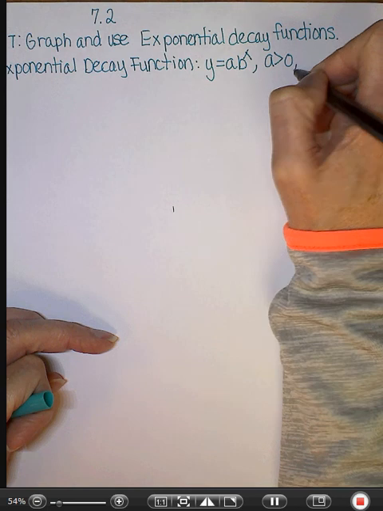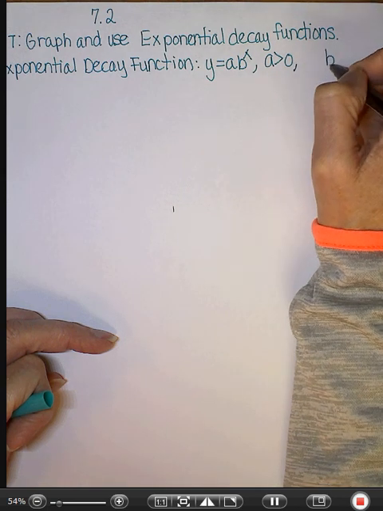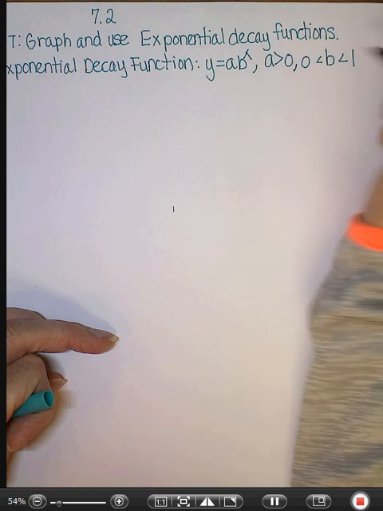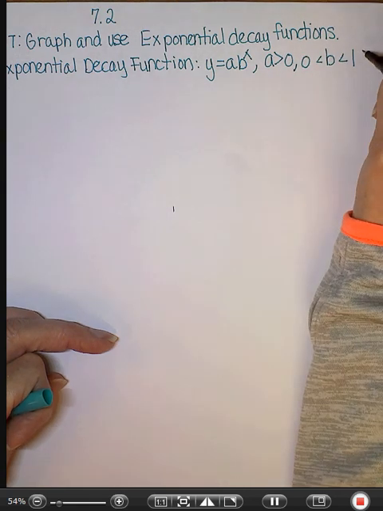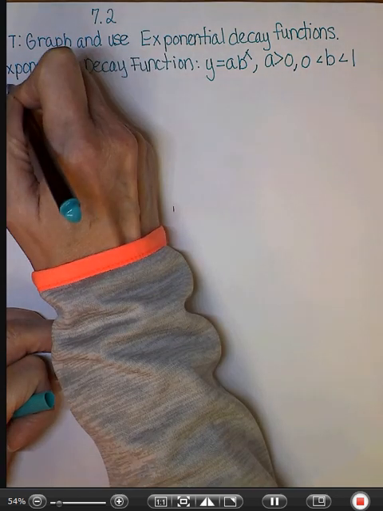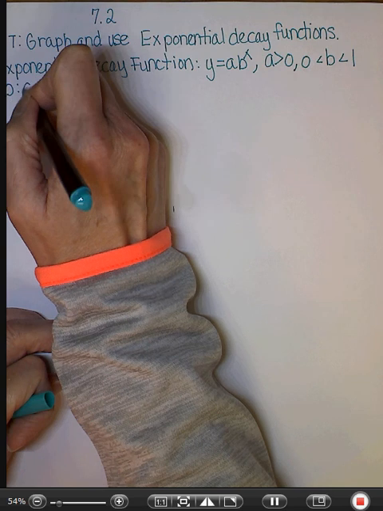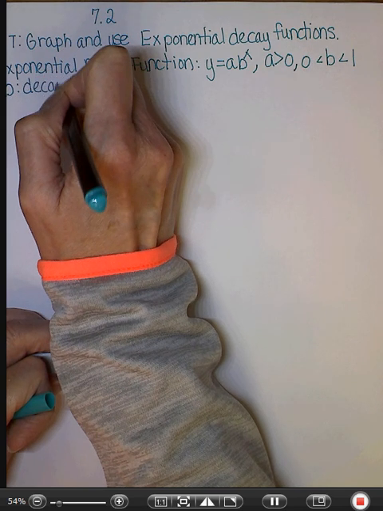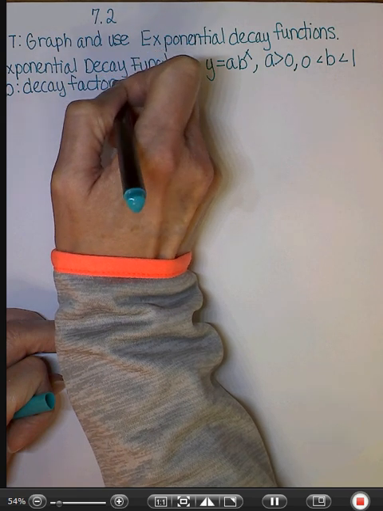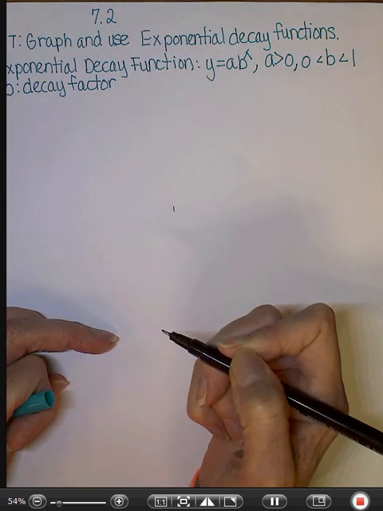In this case, since it's decay, b is a number between 0 and 1, and oftentimes that'll be a decimal or a fraction, but it'll be less than 1. And remember, b in this case would be the decay factor. If it's decreasing in value, that number has to be less than 1, but it can't be negative.